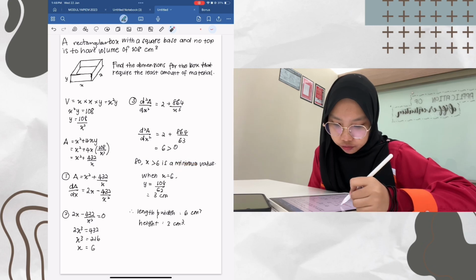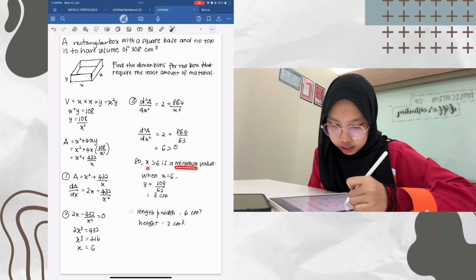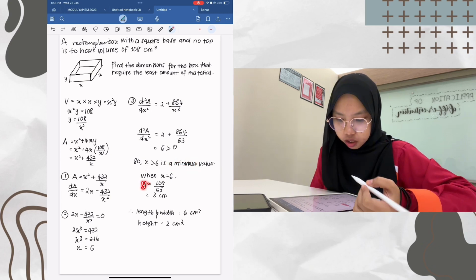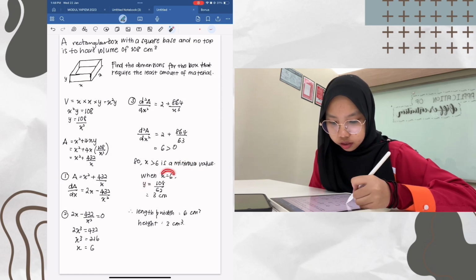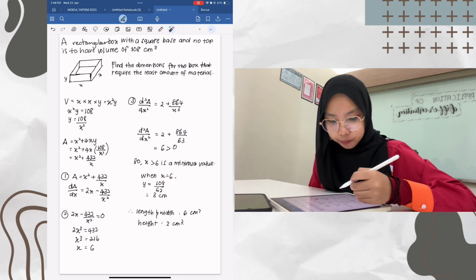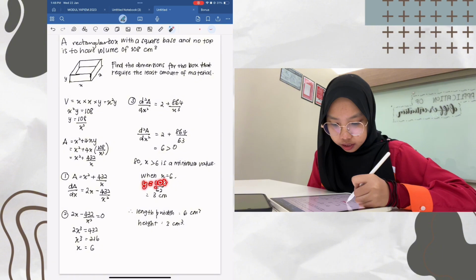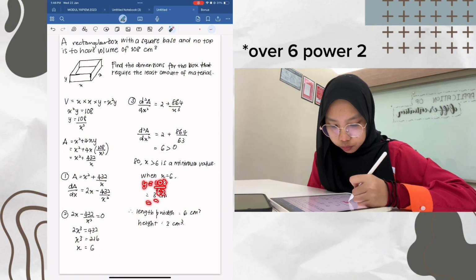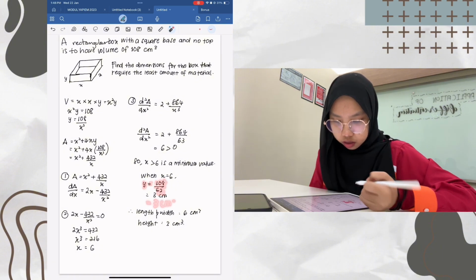So we know that if the value is greater than 0, that is a minimum. We substitute x into the equation: y equals 108 over 6 squared, and we get 3 centimeter.